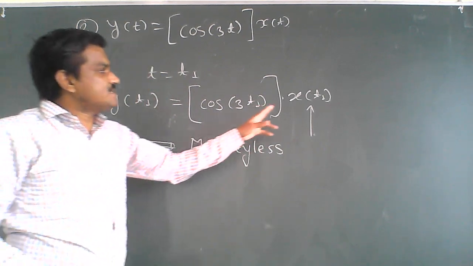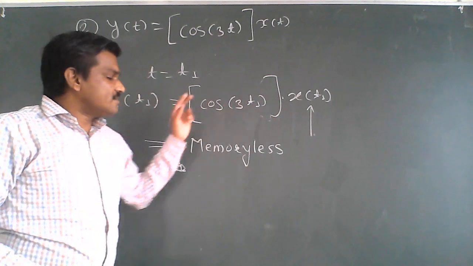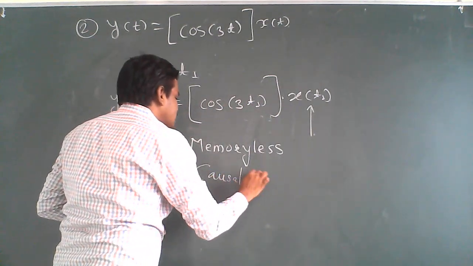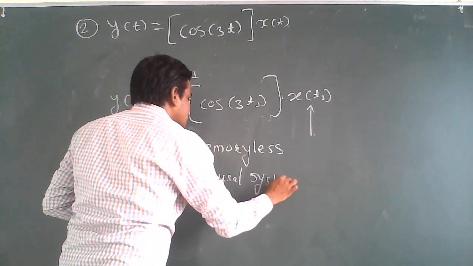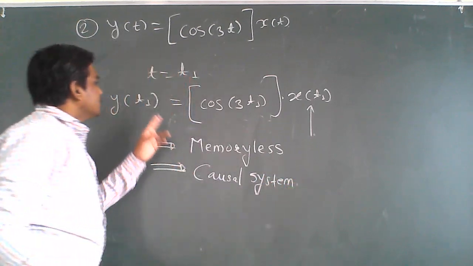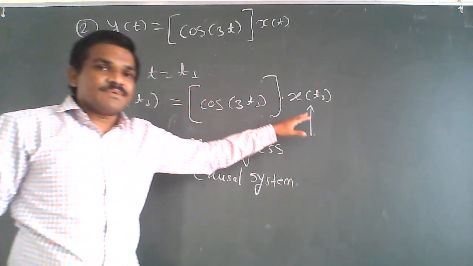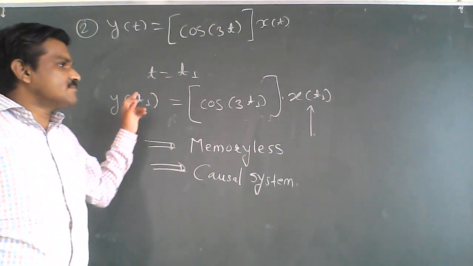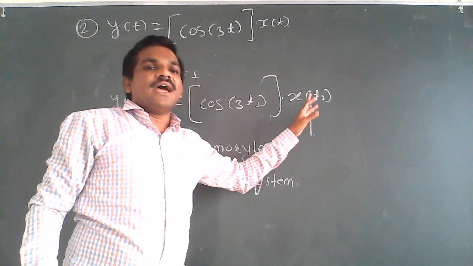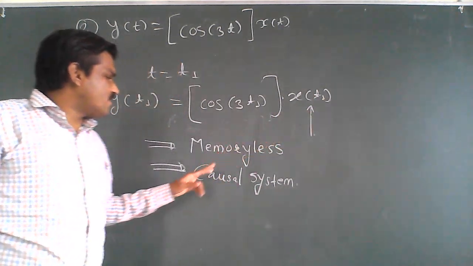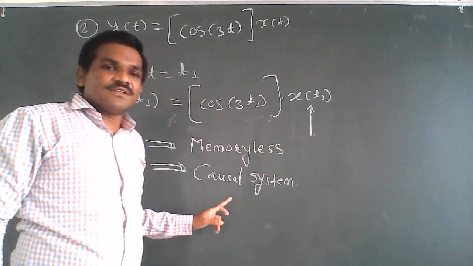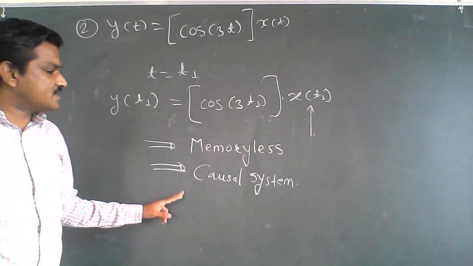Also, if it depends upon the present input, then we call it a causal system. So basically, if the system's output depends upon the present input, it becomes a memoryless system. And if the system output depends upon the present and past input, then we call it a causal system. So in this case, it depends upon the present input, so we call that system a causal system.